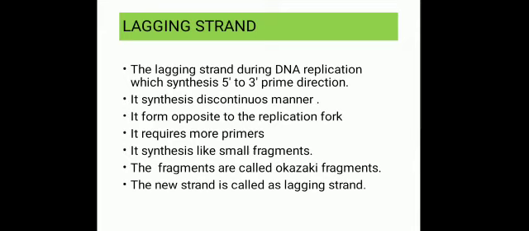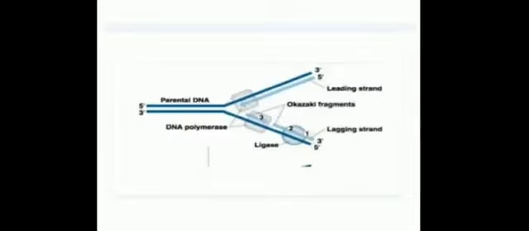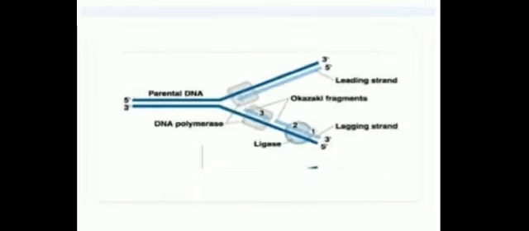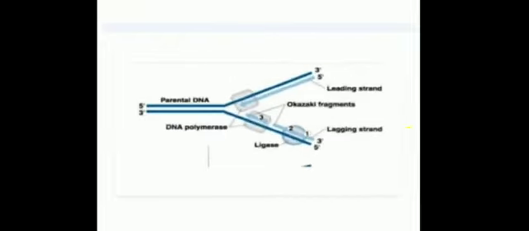The new strand is called the lagging strand. Here you can observe that the lagging strand is in the opposite direction of the replication fork and it is in a discontinuous manner. It looks like fragments, and those fragments are called the Okazaki fragments, and this strand is known as the lagging strand.